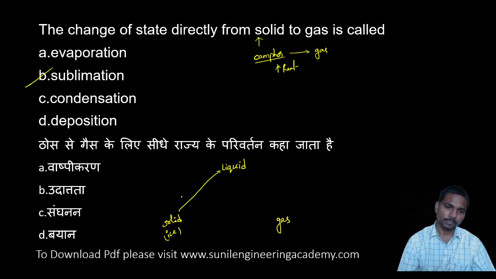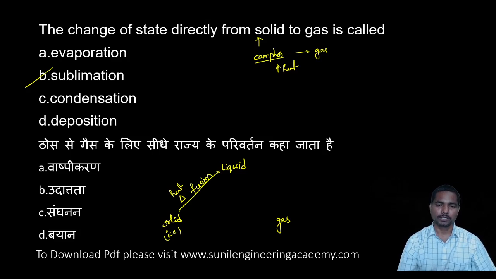If you heat, then what will happen? Ice will become water. So we can see that process as fusion. Fusion is the process: if you heat, then solid becomes liquid, and if you heat the liquid again, then you will get the gas, that is vapor, steam.